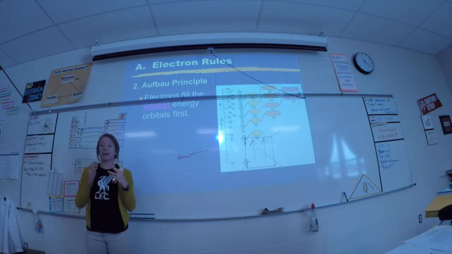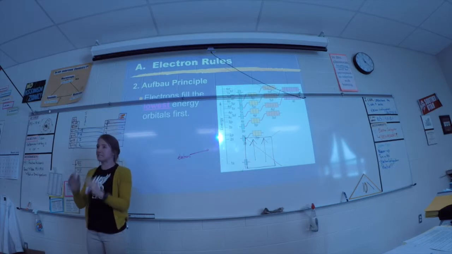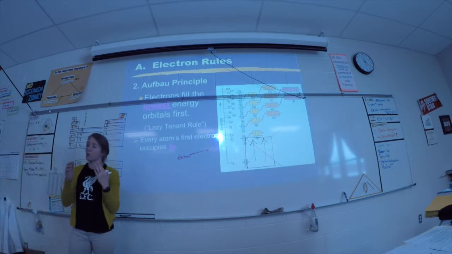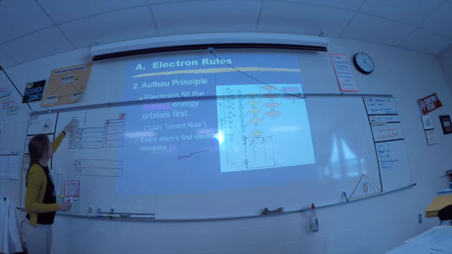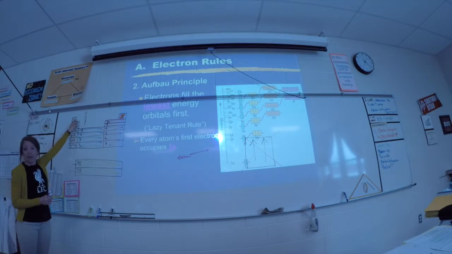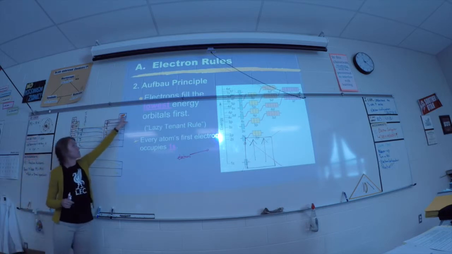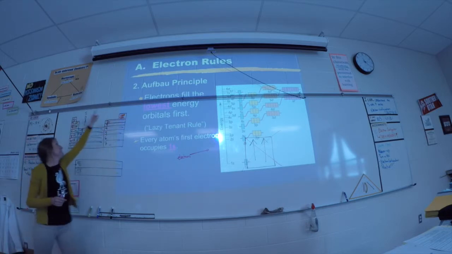Your map tells you the order that the hotel will fill every single time. Okay? Now, you always start at the 1s. So this right here is the beginning of your map every single time. And the way that you read it is you read left to right and then down.